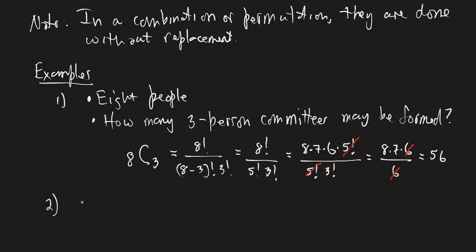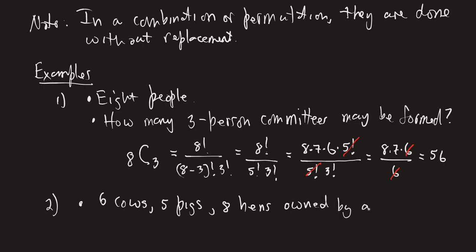All right, let's look at another scenario. So this one has a little bit more information. So we have a man that has 6 cows, we have 5 pigs, and we have 8 hens. So we got some farm animals here. So these are owned by a farmer.